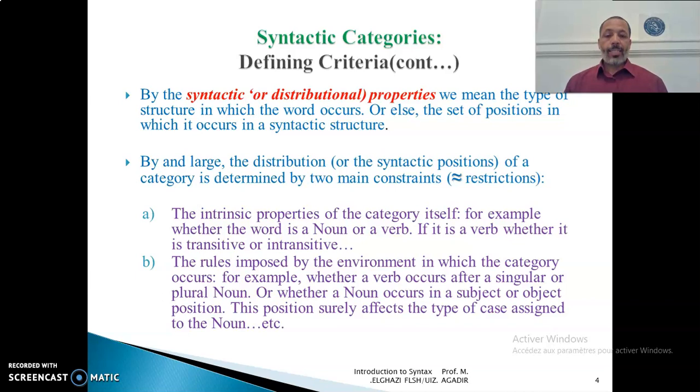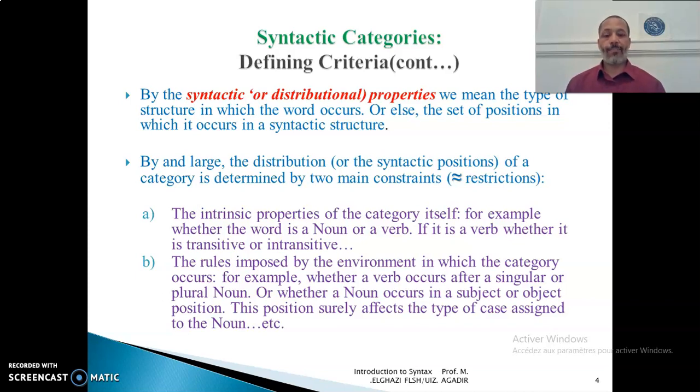The second constraint which restricts the distribution of words in a structure is the rules imposed by the environment in which the category occurs. For example, whether a verb occurs after a singular or a plural noun, or whether a noun occurs in a subject or an object position.